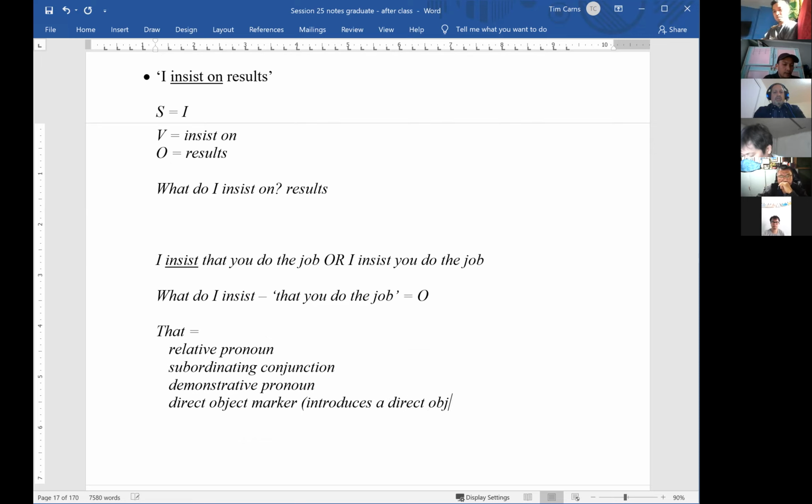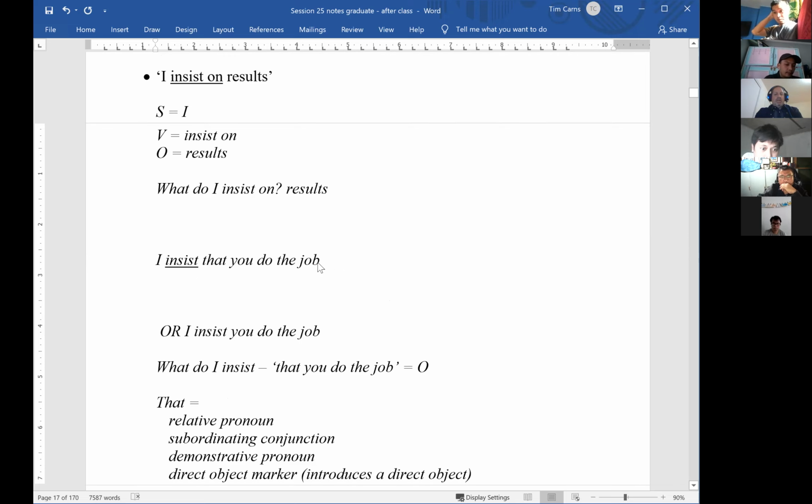For example, she said that she would be late. It's introducing the object of said, which is that she would be late. Just like up here, I insist that you do the job. This whole thing is the object.